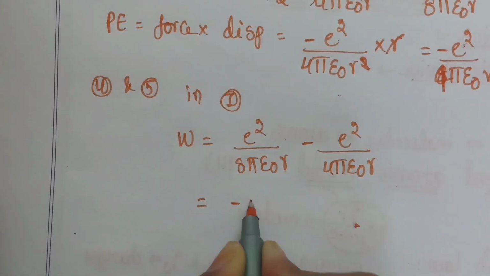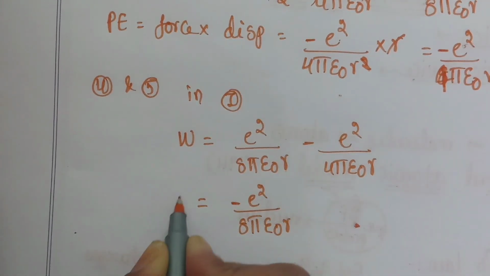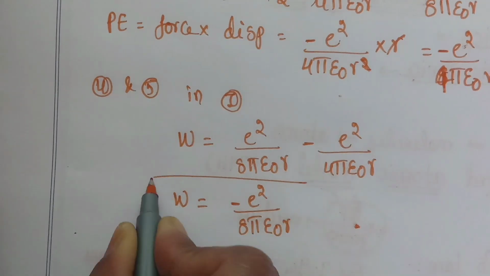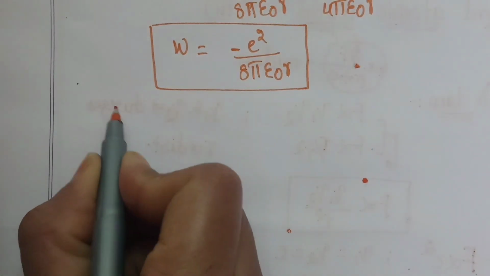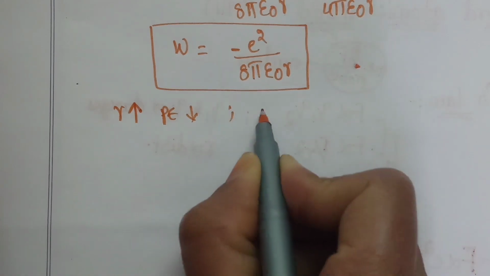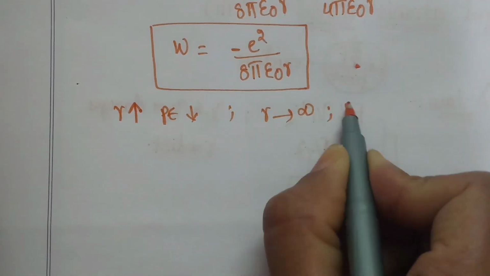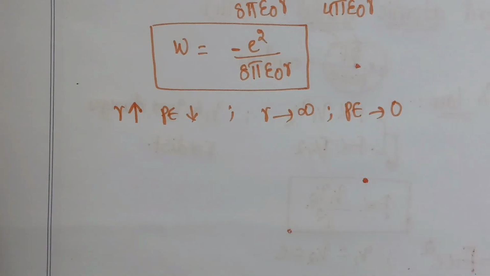From this we get minus E square by 8 pi epsilon naught r. This is the expression for the energy of an electron according to the Rutherford model. As the radius r increases, the potential energy increases. If r tends to infinity, then the energy becomes 0. Therefore, the energy of the electron is negative.